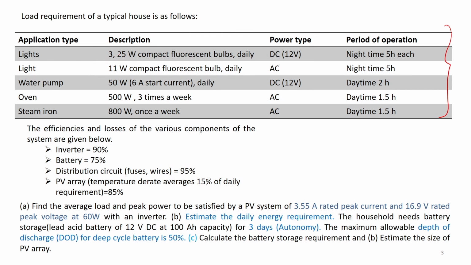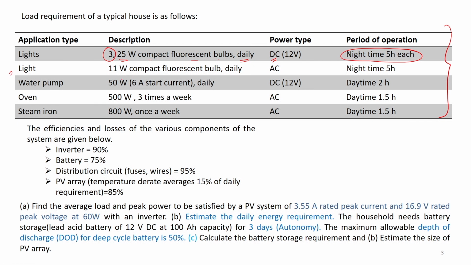We have 3 lights of 25 watt compact fluorescent bulbs, and we need to operate them daily. It is a DC power supply, and they are expected to operate for 5 hours at night time.